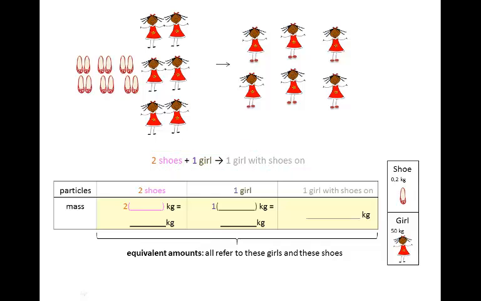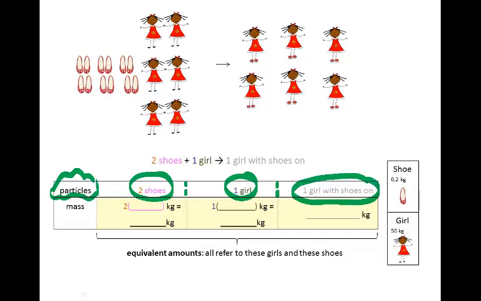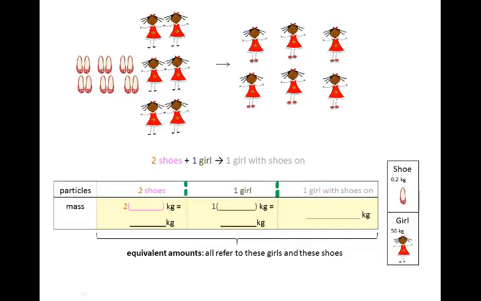We can call this a particle ratio because girls are particles. They are objects, so they are particles, and so are shoes. And so are girls with shoes on. So the particle ratio is 2 shoes for every 1 girl for every 1 girl with shoes on at the end. Now let's convert that into a mass ratio.